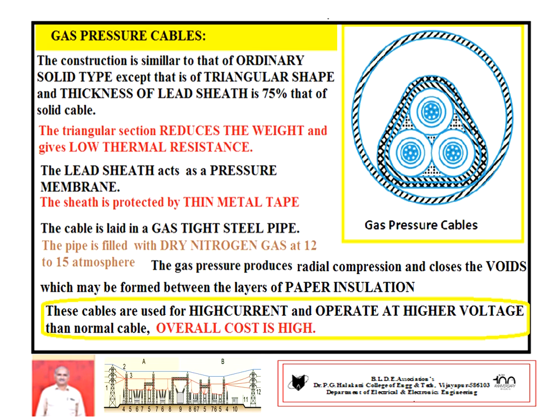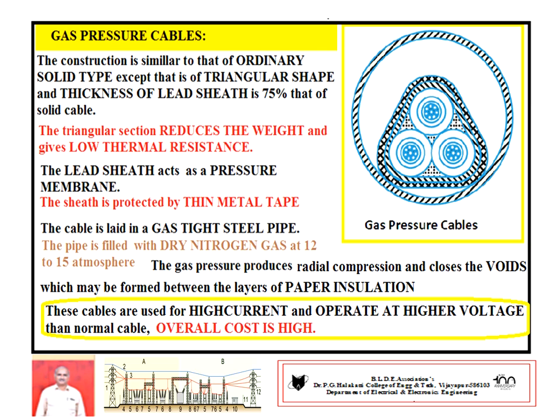The sheath is protected by thin metal tape. The cable is laid in a gas tight steel pipe. The pipe is filled with dry nitrogen gas at 12 to 15 atmospheres. The gas pressure produces radial compression and closes the voids.